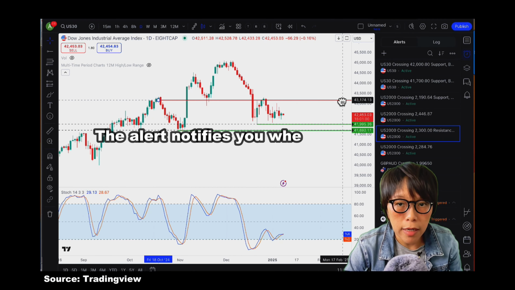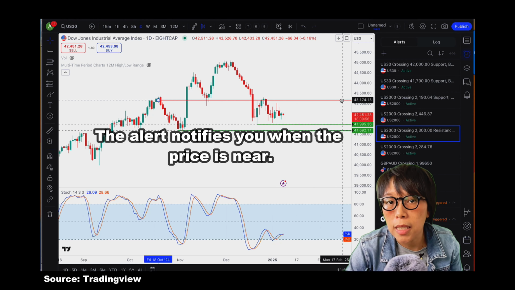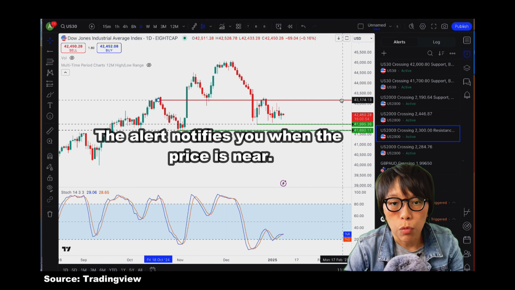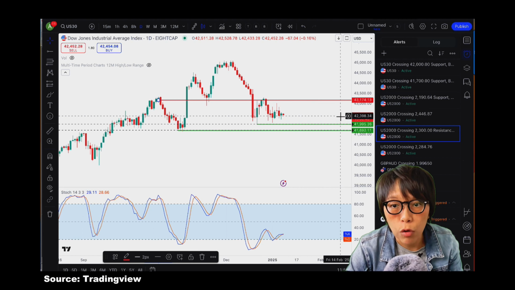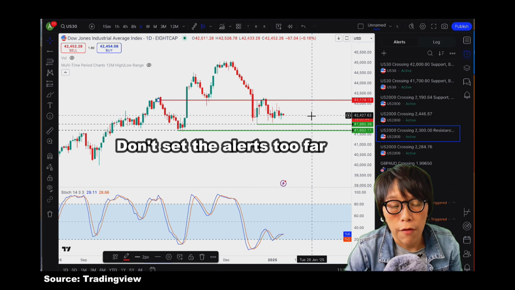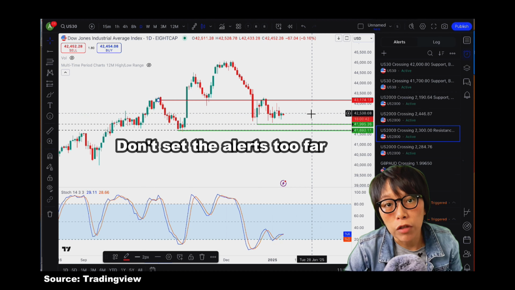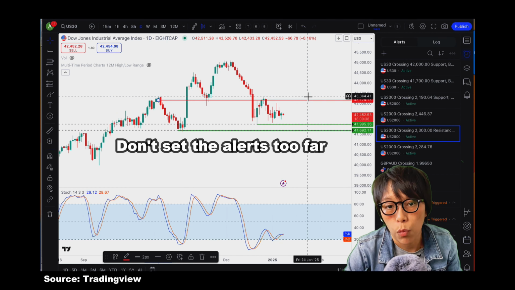So the idea of an alert is that you want to be notified when price is near there. We want price to hit the alert that we set more often, so that we know there could be an opportunity. You don't want to set the alerts too far. If you set it too far, you might not receive the alert. You will miss your chance to trade into that particular winning trade, if that is the winning trade, right?